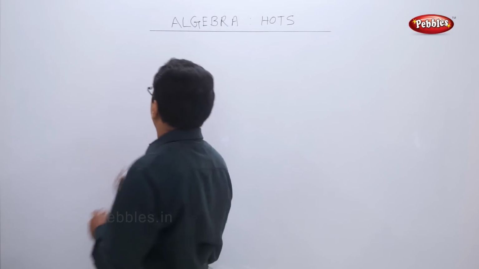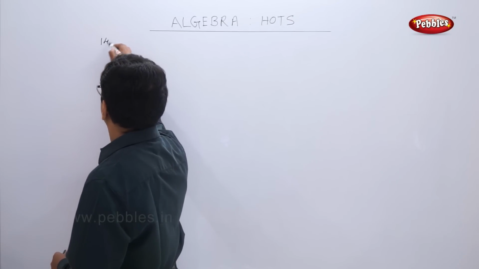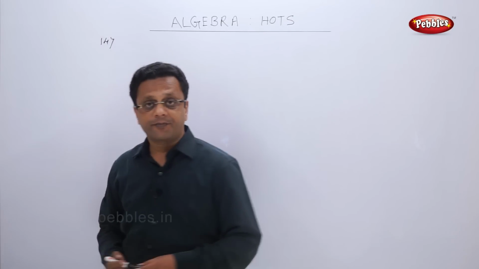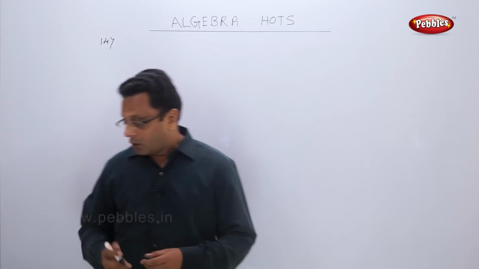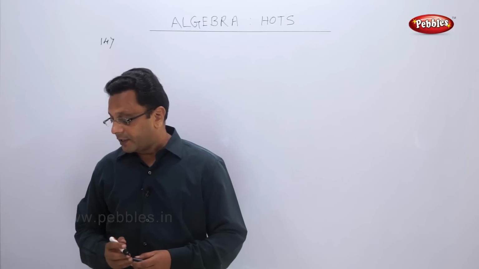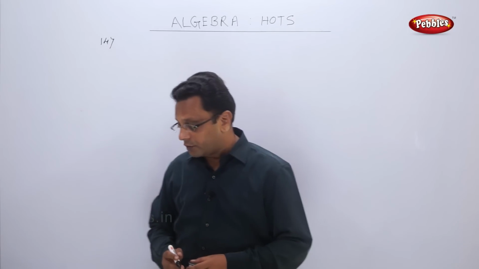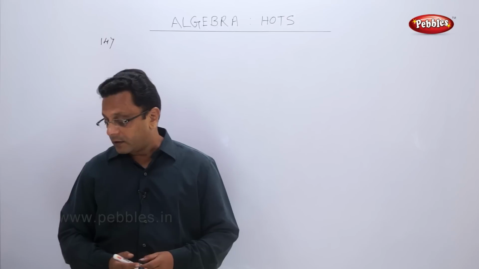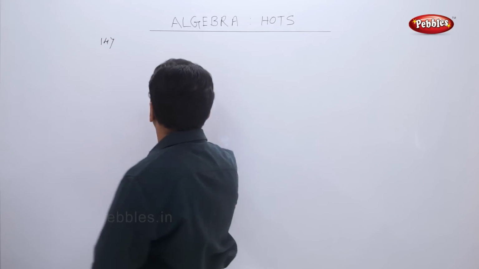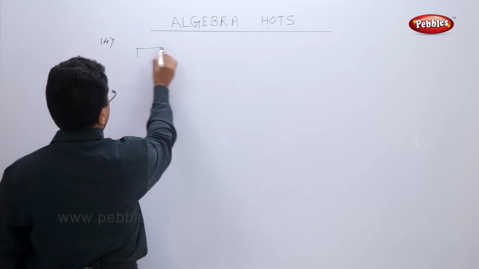Let us see example number 14. Okay, the forewheel of a carriage makes 6 revolutions more than the rear wheel. Now suppose this is a carriage.